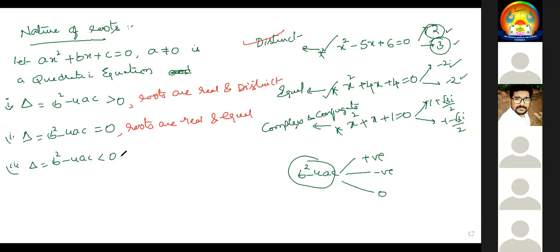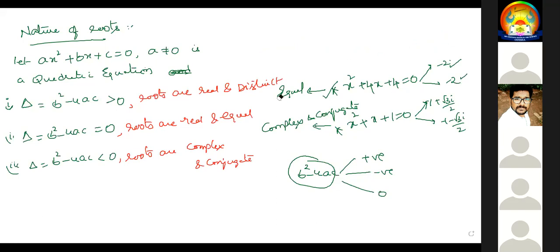If it is less than 0, roots are complex and conjugate. That means what my intention is.